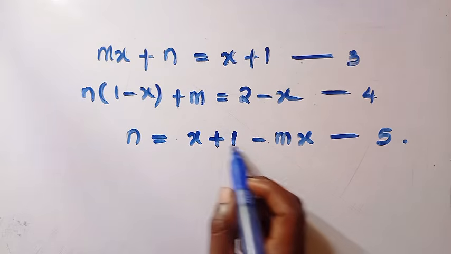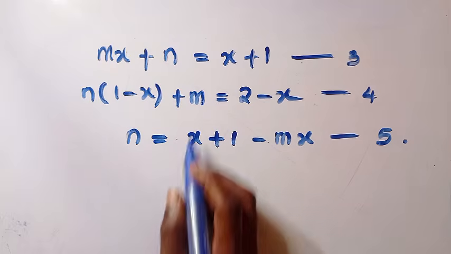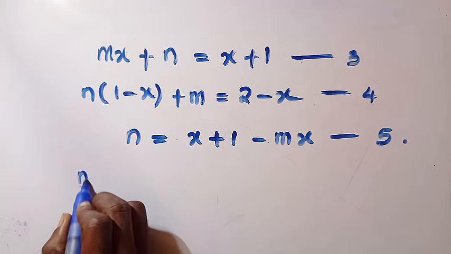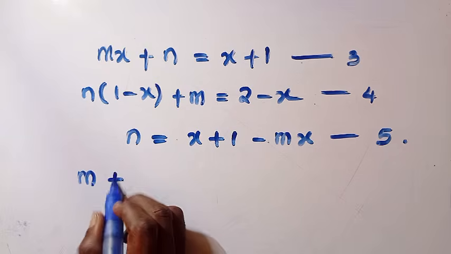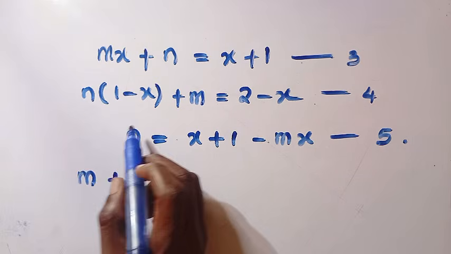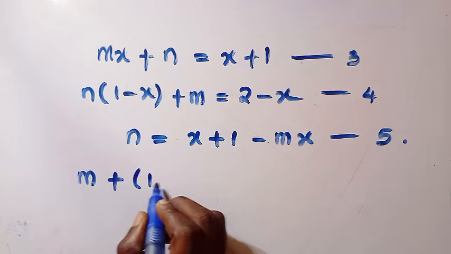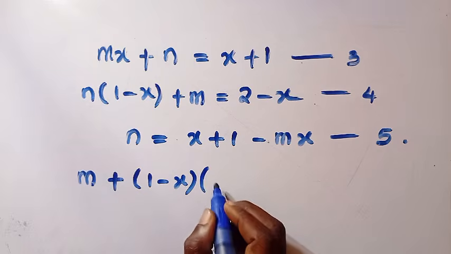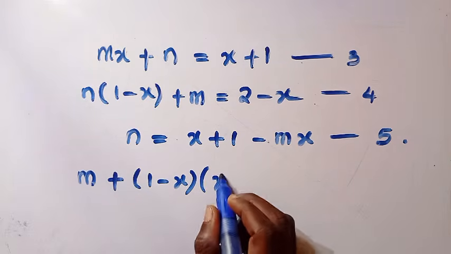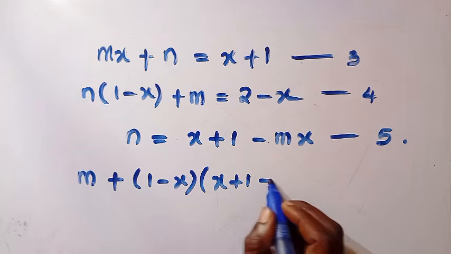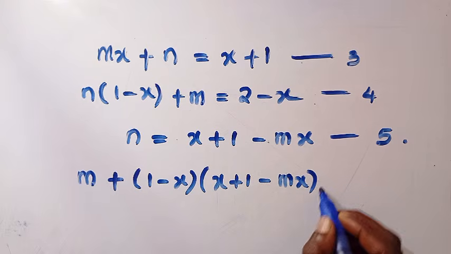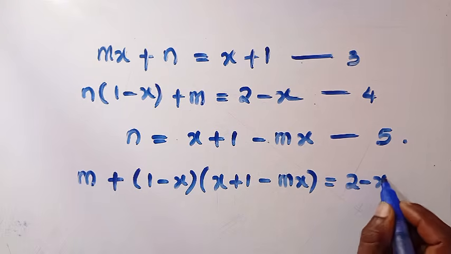Let's substitute equation 5 into equation 4. Anywhere we see n, we replace it with the whole of this. So I'm starting with m, then plus 1 minus x multiplying n, and n is x plus 1 minus mx, equals 2 minus x.